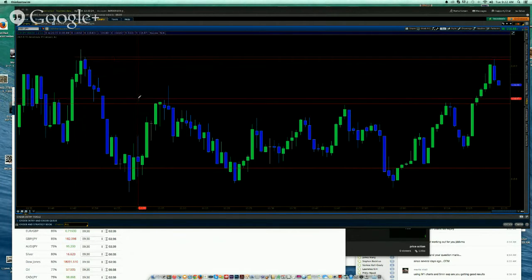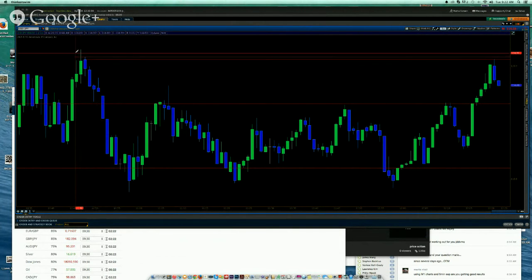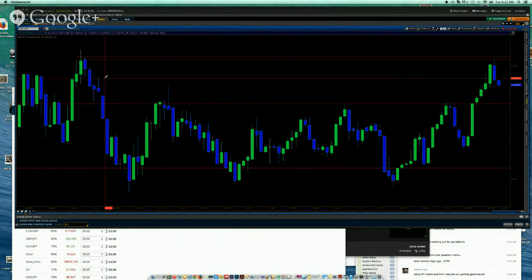So this is what you got to play with. This could have been a resistance line that you could have drawn, or you could have drawn it a little bit higher up here where you see it has the long wick. So it's a judgment call. But if you happen to draw the resistance line just a little bit too high, and then you start seeing the reversal like you just saw, then just go in on that trade, because you're only missing it by a couple of inches.